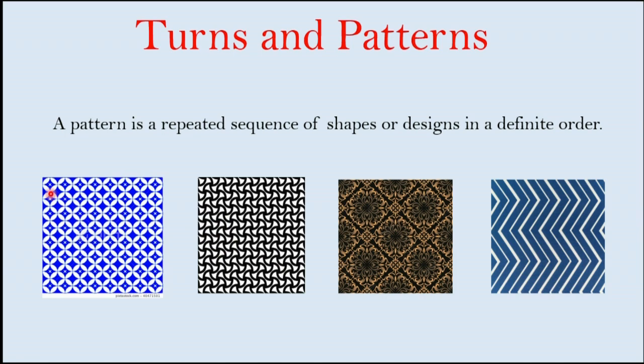The designs are arranged in a pattern, or you can say the shapes are arranged in a definite sequence. That is what a pattern is. This is also arranged in a definite sequence, and this too.